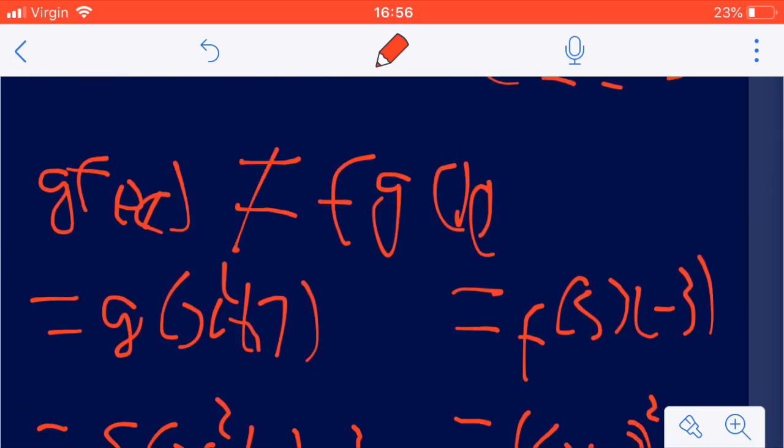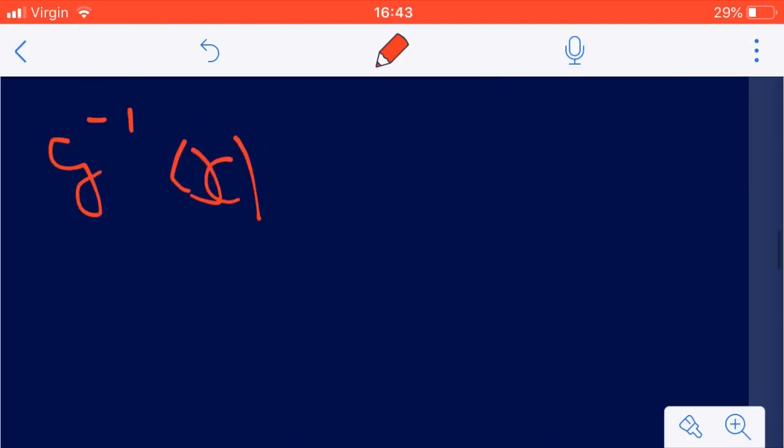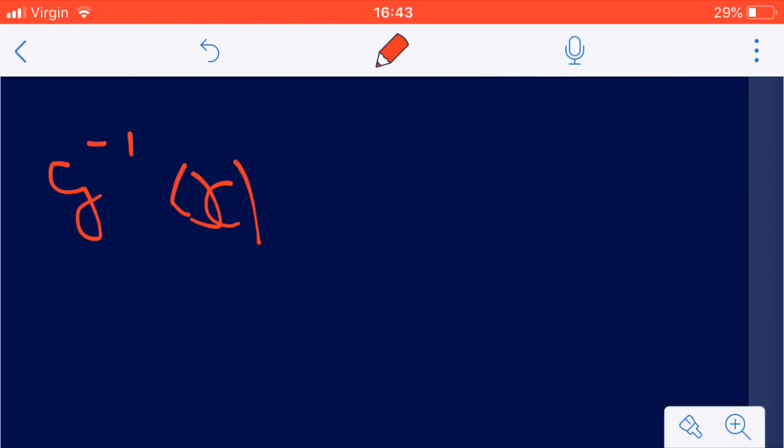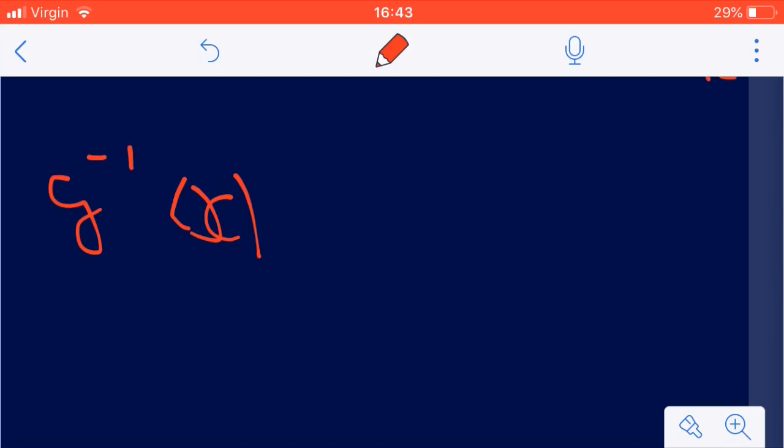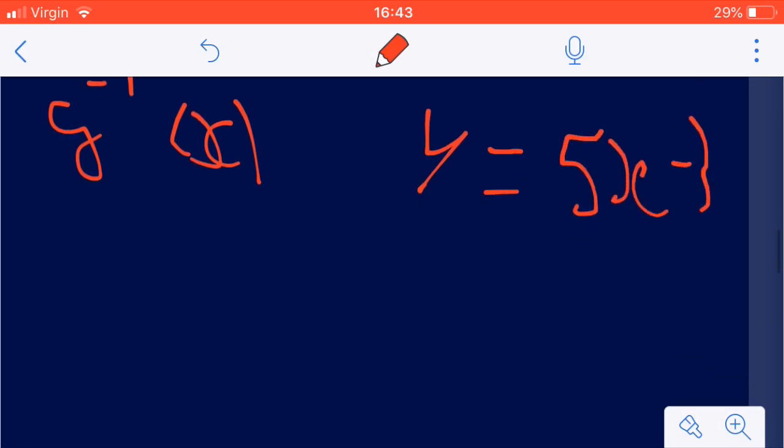It's not the same, which means you need to be careful in your exam, because there are differences. Now, if we want to find the inverse function here, so we've got g to the minus 1, the inverse of g, we need to work backwards. So if we set y equals g of x, you can do it either way around here, it doesn't matter which one's y, which one's x.